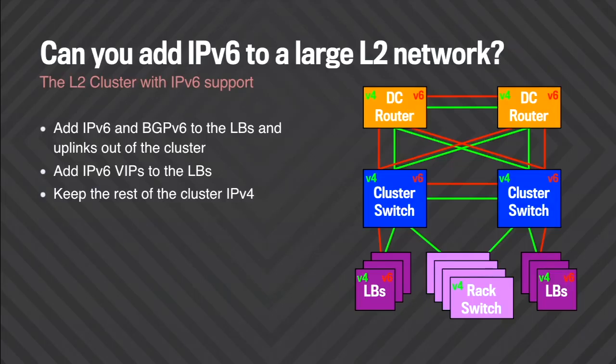So how do we get to v6 in a big layer 2 cluster? Well, the answer is, and Will already kind of alluded to this, we add v6 to the cluster switches. We add v6 into the load balancers. We advertise v6 VIPs, and we proxy it into v4 for the rest of the cluster. It got us working.